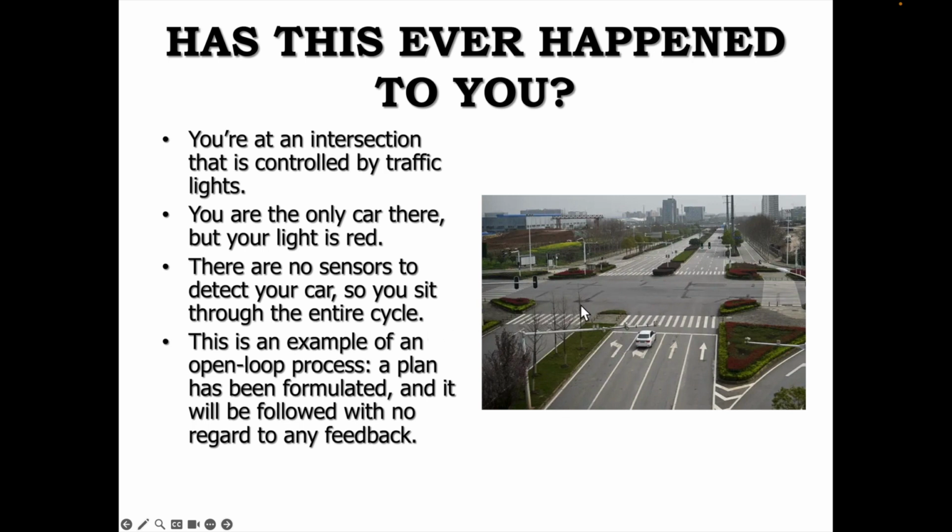It's still going to remain red, eventually it turns green, but since the sensor is not there to tell the light to turn green for you, you're going to sit there until that light turns green. This would be an example of an open loop process, not a closed loop, meaning that a plan has been created and it will be followed with no regard to any feedback. The plan being, we are going to sit at the stoplight until it turns green.